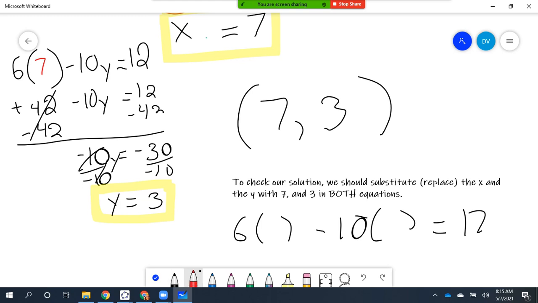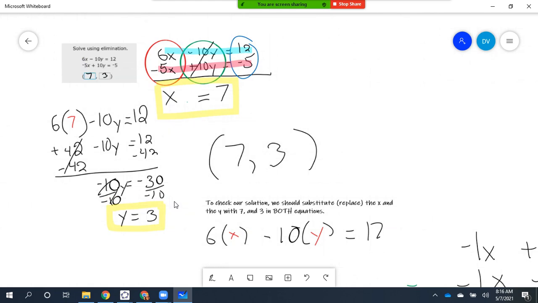We put x and y. And let me also write the other equation. The other one was negative 5x plus 10y is negative 5.